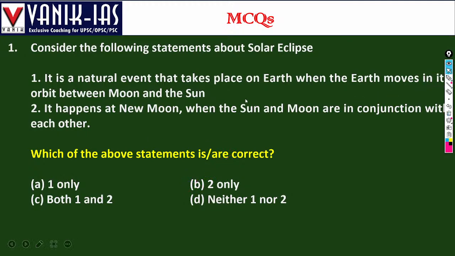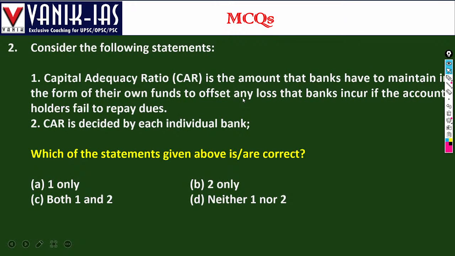Question number 2. Consider the following statement: capital adequacy ratio is the amount that banks have to maintain in the form of their own fund to offset the loss that banks incur if the account holders fail to repay dues. Share decided by each individual bank? No, it is decided by the RBI.